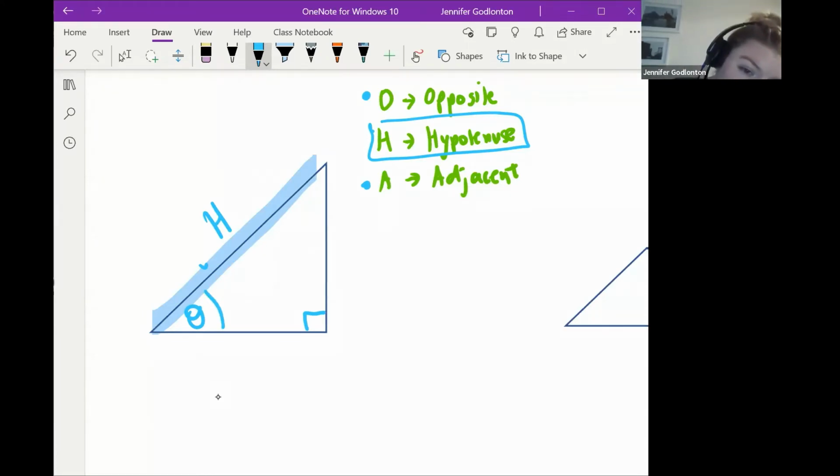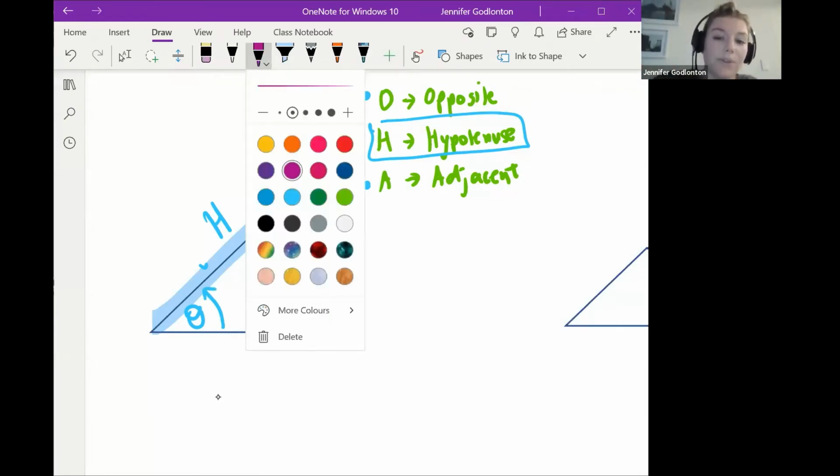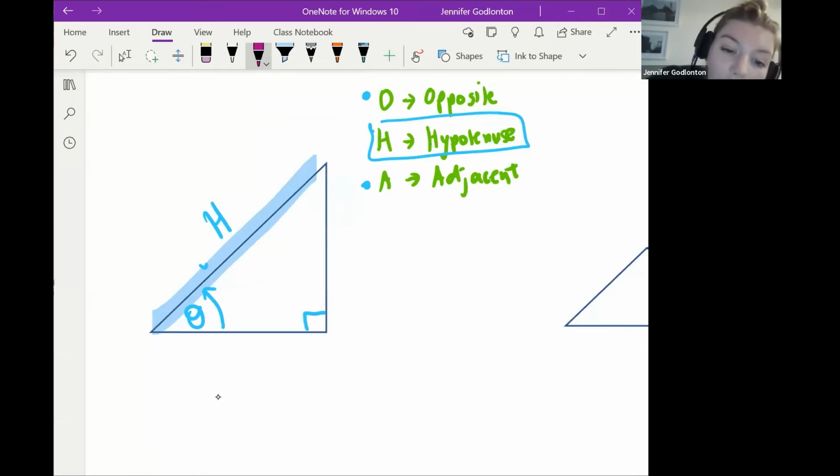So if this angle is theta, then if I was going across, so that's talking about I'm looking opposite, then that's going to be O. And remember, adjacent meant next to or touching. And so this side over here is going to be A.